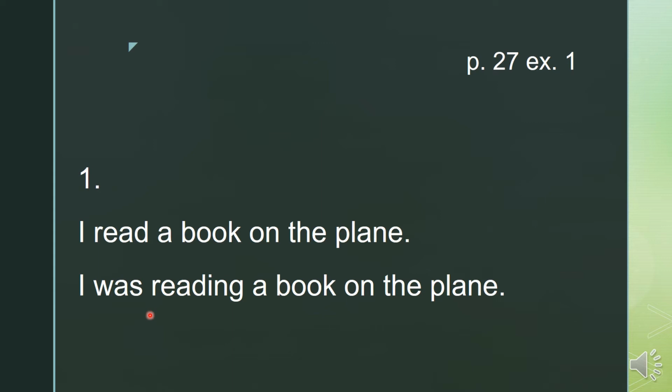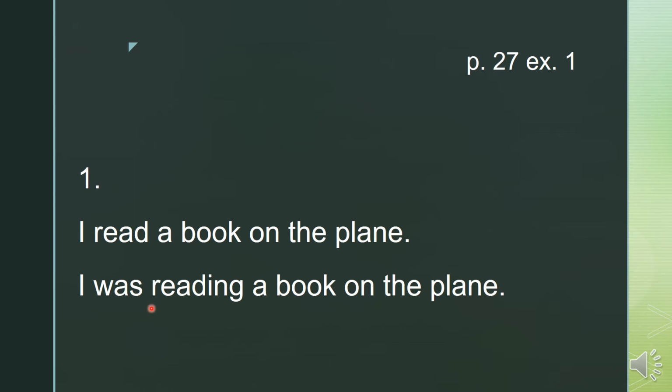So maybe he's telling me a story about something that happened on the plane. He says, well, I was reading a book on the plane. I really like to read, and it was going to be a 4-hour flight. So I was reading a book on the plane, but then a baby started crying, and it was really loud, and it wouldn't stop crying, so I wasn't able to finish reading the book. Right? This is incomplete action in past.